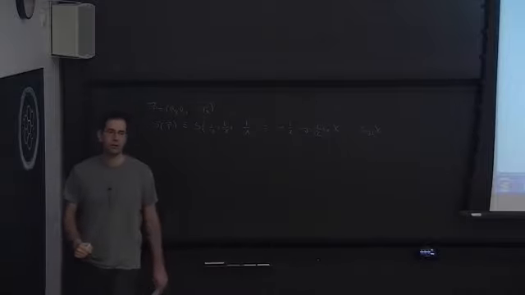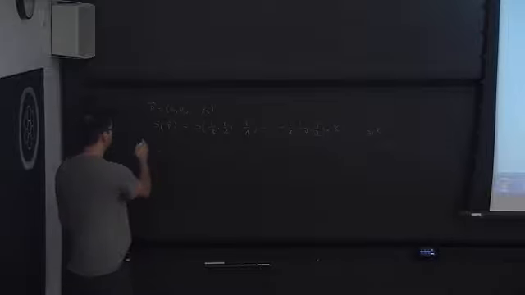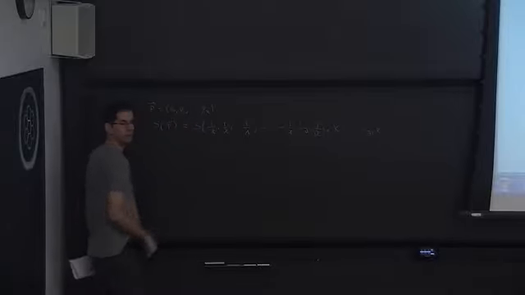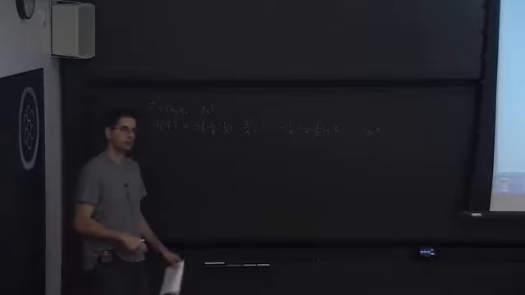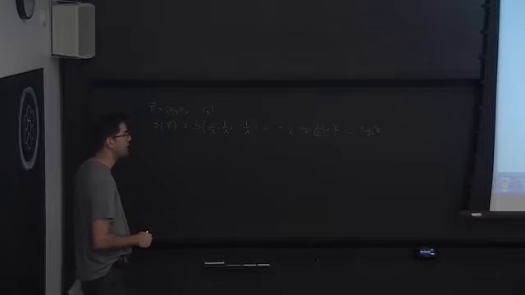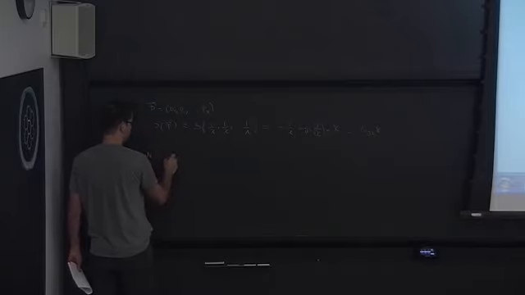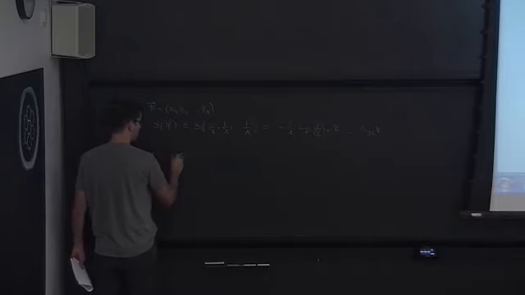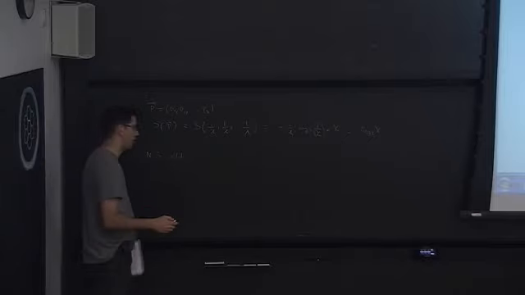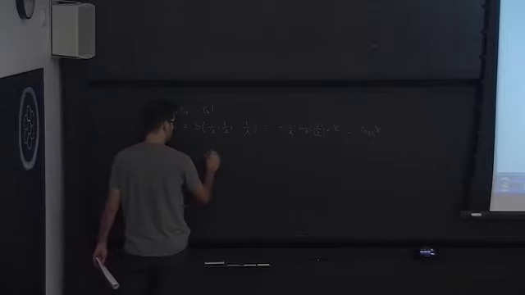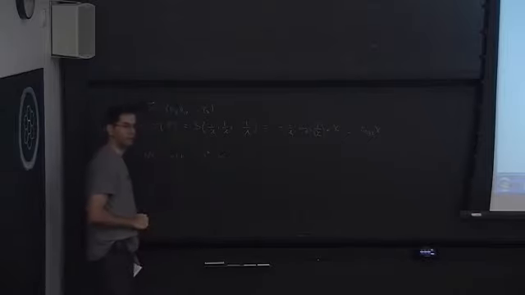Now, how much is chi? Chi is the size of the probability vector. And in 3 qubits, we have a density matrix of dimension 2 to the n, equal to 8.